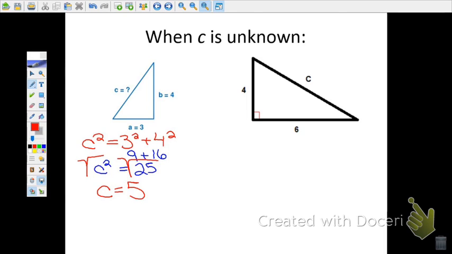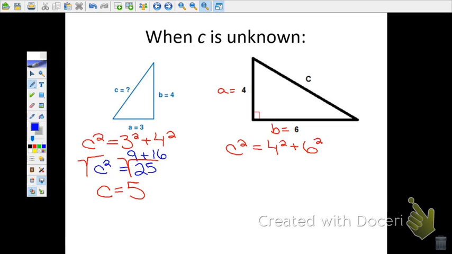Next one. Again, we're looking for c. As I mentioned before, it doesn't matter which side we call a and which side we call b. So c squared equals 4 squared plus 6 squared.